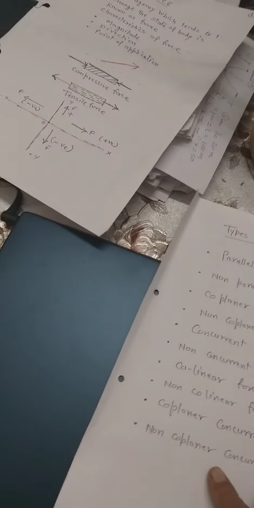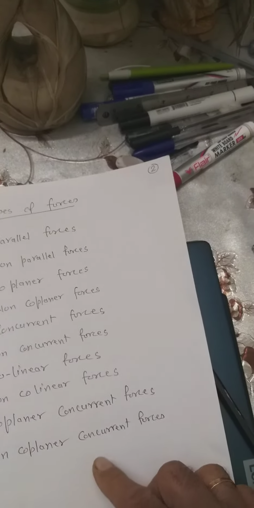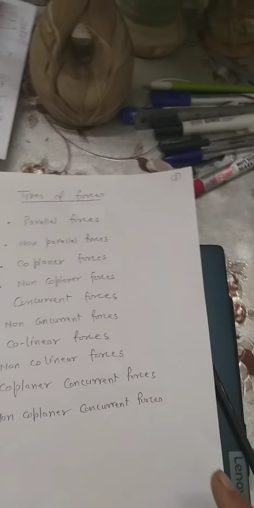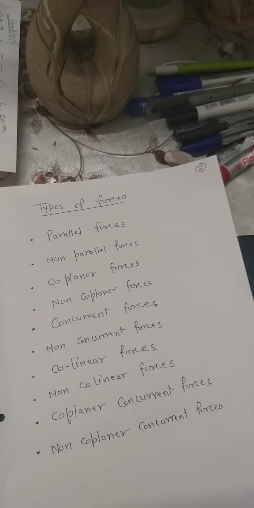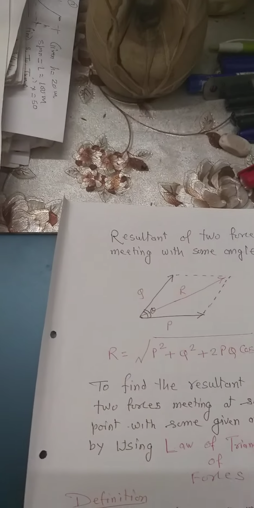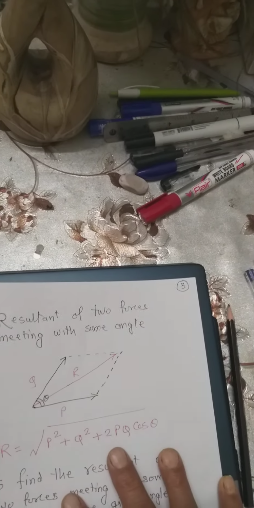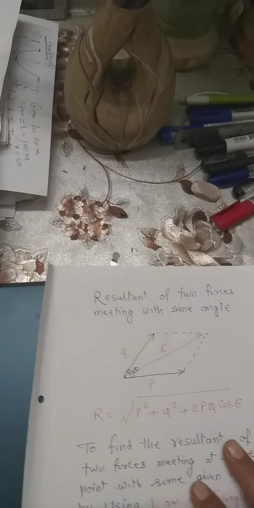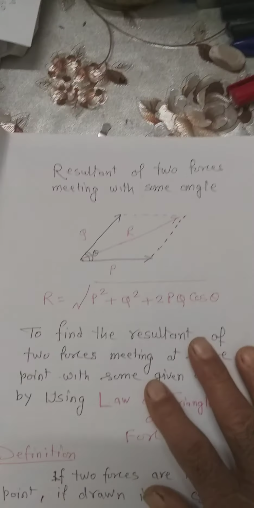Now, another definition for the permutation and combination of this can be non-coplanar, non-collinear, and so on and so forth. We can also make the permutation and combination, that is coplanar, concurrent, non-coplanar, non-concurrent, non-coplanar, concurrent, whatsoever it may be.